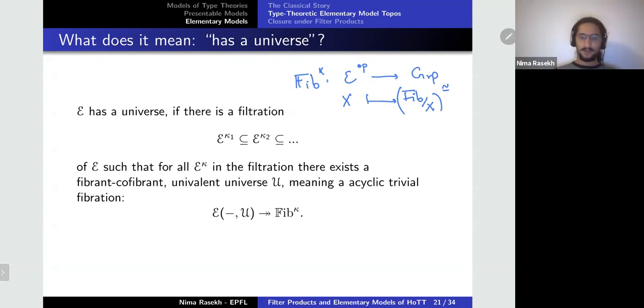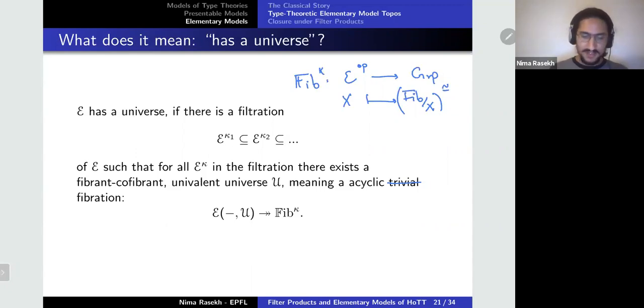So this functor has a universe, meaning there's some sort of acyclic fibration, sorry, there's a typo. There's an acyclic fibration, where acyclic fibration means in the sense Shulman defines, so not in any other sense. Literally in the sense that Shulman defines in the paper, there's an acyclic fibration from something representable to this Fib.